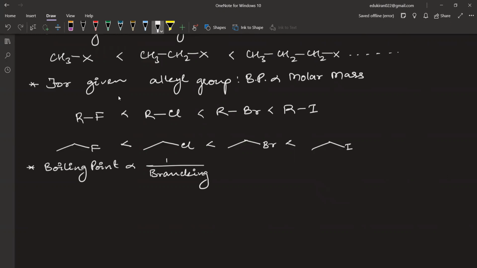So if I have something like this with Br, it will have the highest boiling point, followed by this one where I keep the Br here, which is a bit more circular, followed by this, which is going to be the most circular. Please write this down. Let me know when you're done.